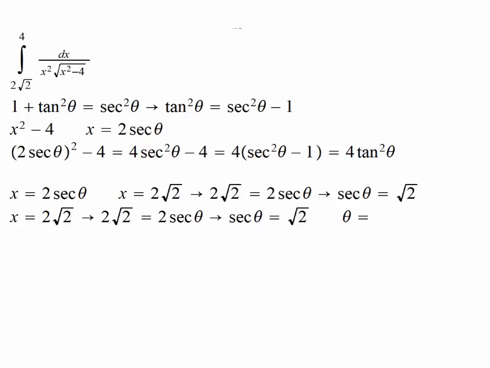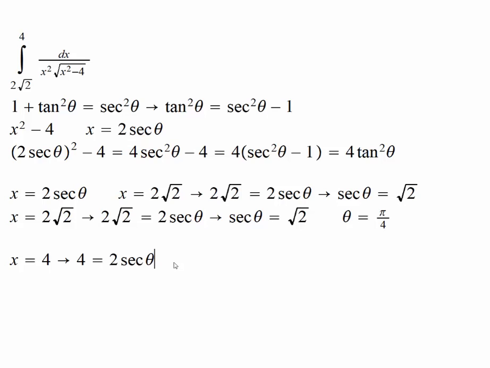Okay, and when we go to the upper limit, what do we get? Here we have x equals 4. So 4 equals 2 secant theta.